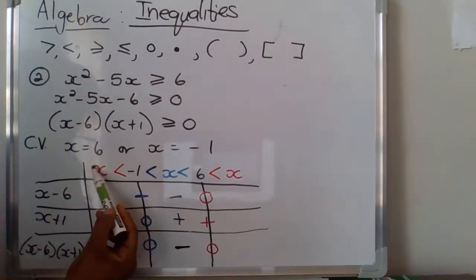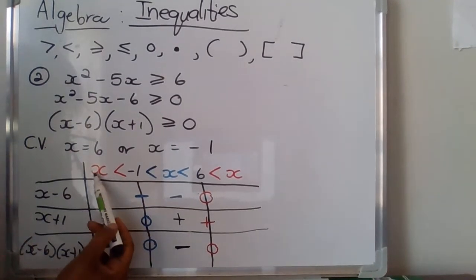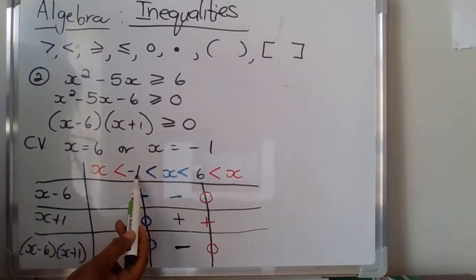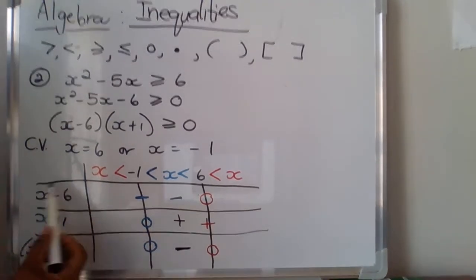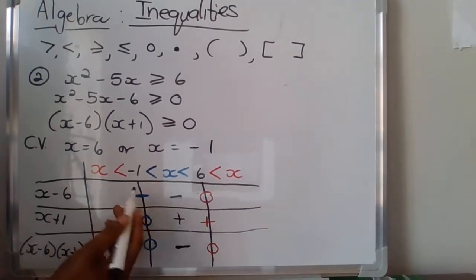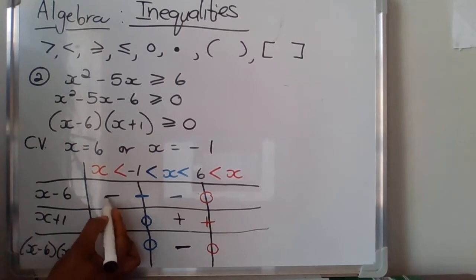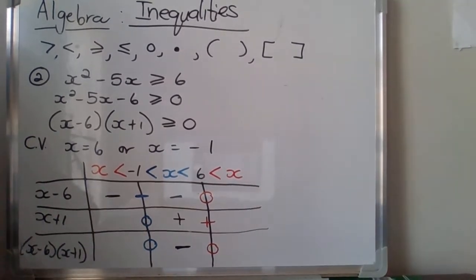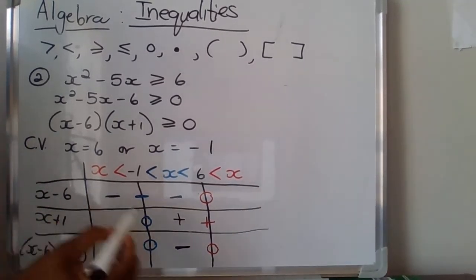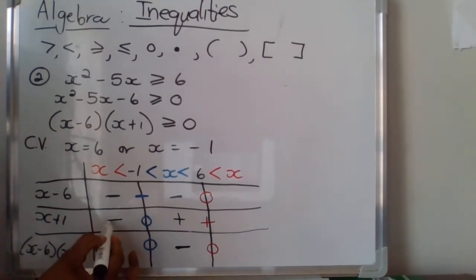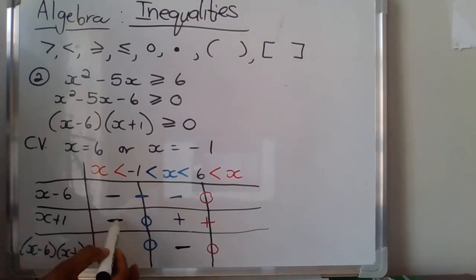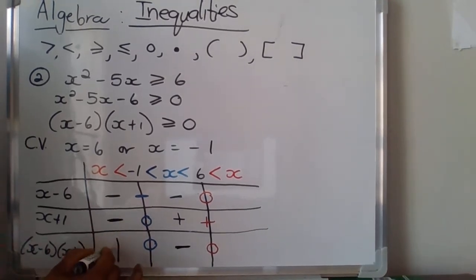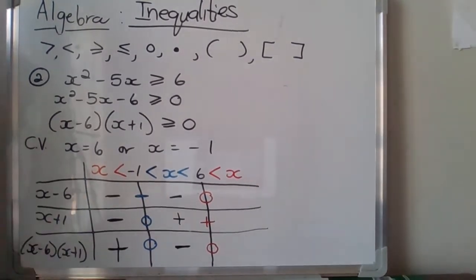Then we say, when x is less than -1, I choose a value like -2. So -2 minus 6 gives me -8, a negative value. -2 plus 1 is -1, also a negative value. So when I multiply those two values together, I'm going to get a positive value.